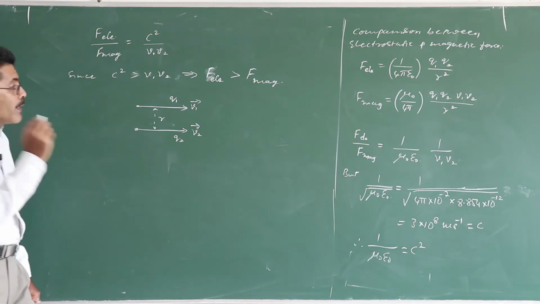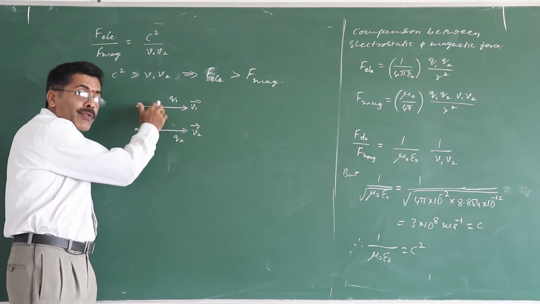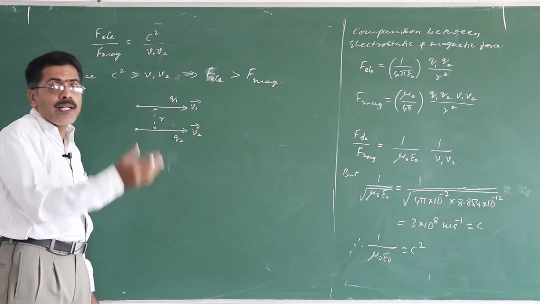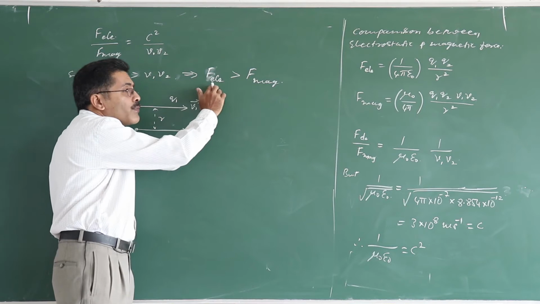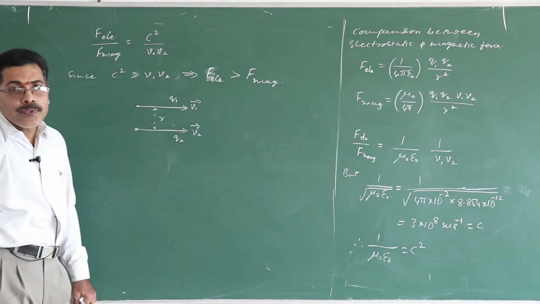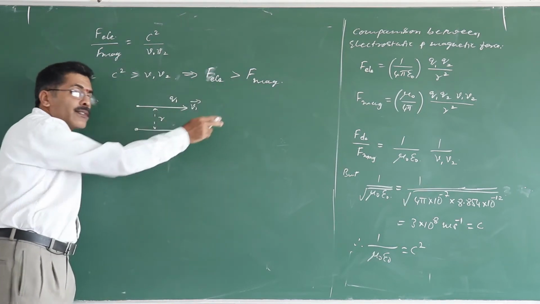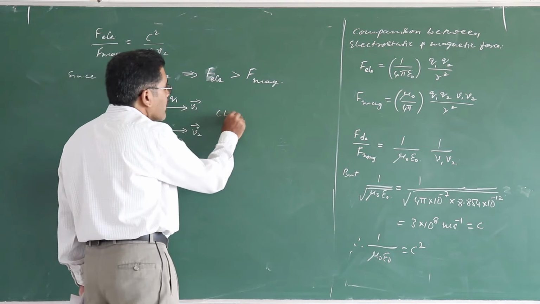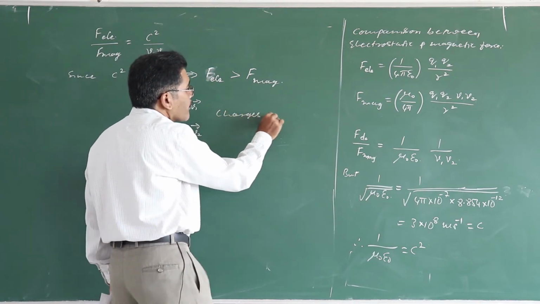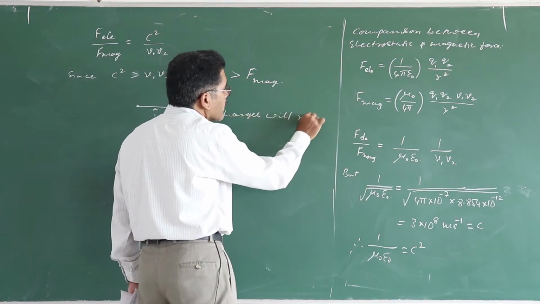Due to magnetic force there will be attraction, due to electrostatic force there will be a repulsion. Here electrostatic force is greater than magnetic force, hence the two charges which are moving along the same direction repel each other.